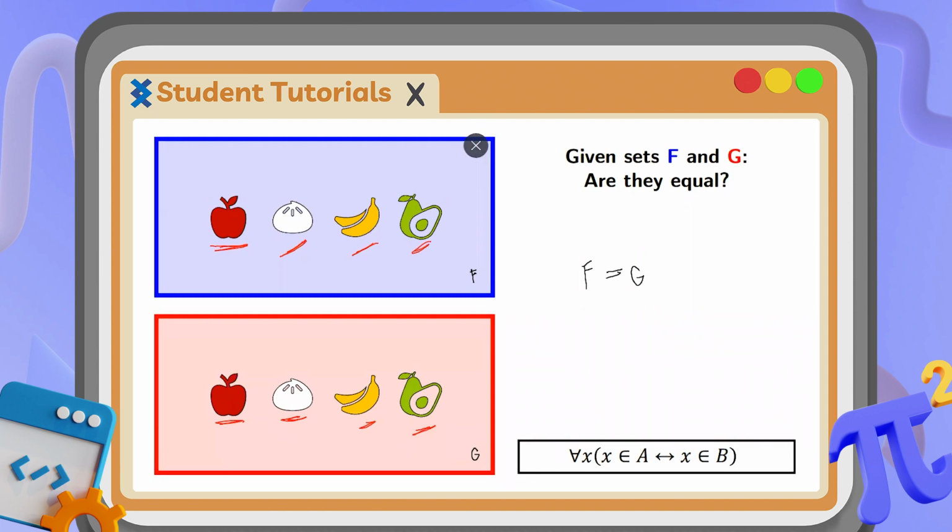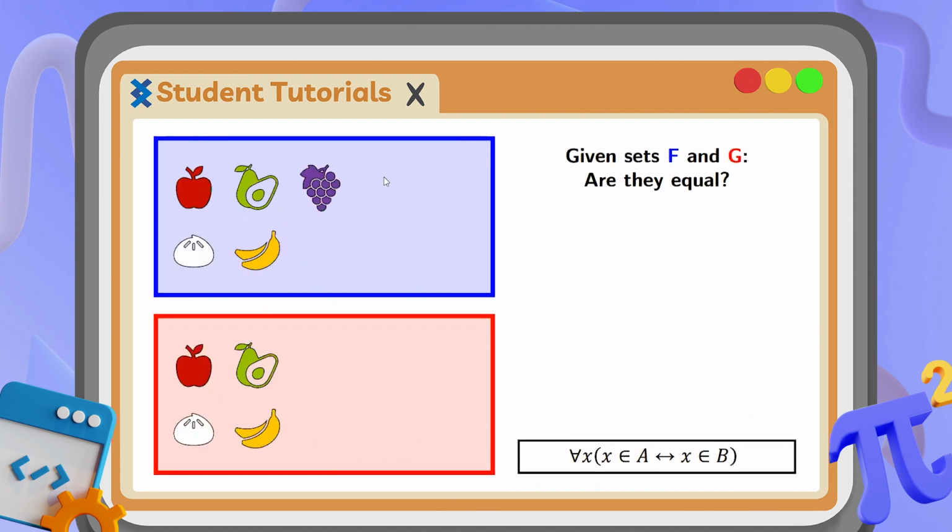So let's proceed to another example. Here we have the same items from the previous example. However, we have the grapes here in set F. So we know that the grapes, let's represent it as x, is in set F. However, x is not in set G. Therefore, this would make the biconditional statement false.